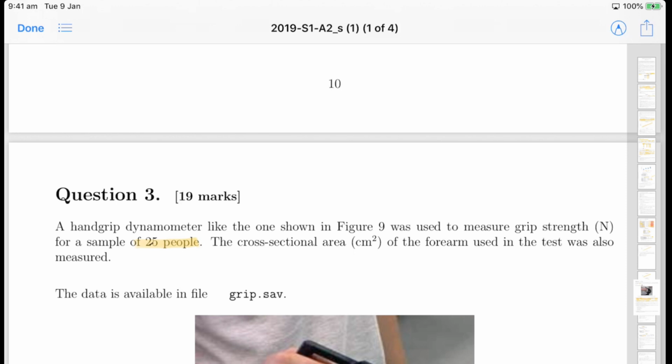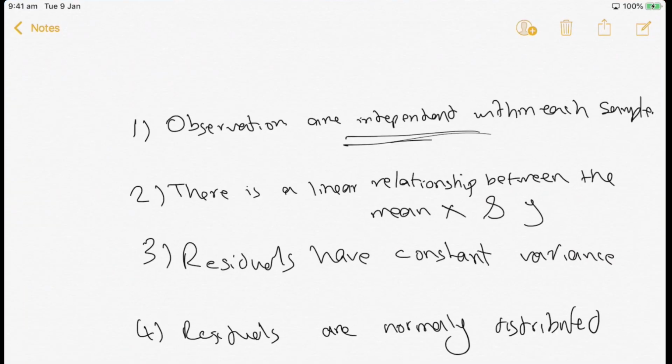So we can say that this assumption may not be met. In order to test the other 3 assumptions, what we need to do is to plot the residuals versus the fitted values for the regression model.